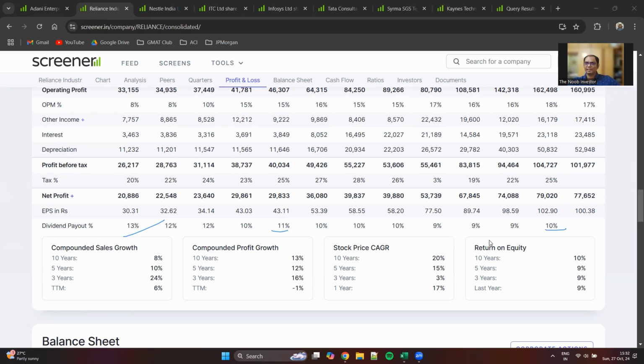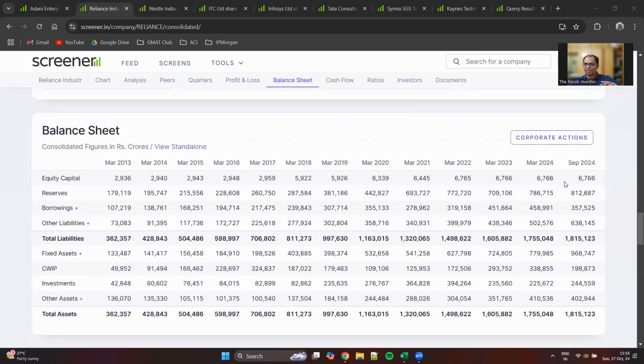The reason being they still believe that in future they will be able to invest this money and generate growth out of it. There is another reason also, that they want to retain a controlling stake in the company. That is another whole discussion. But basically, they still believe that this money, their 8 lakh crores, they can use to generate more money in the future, which is why they are investing into new businesses.